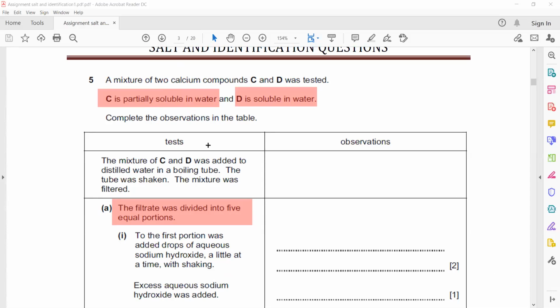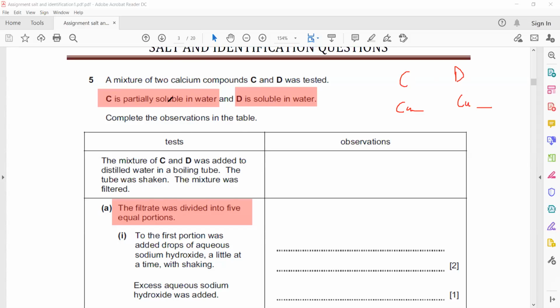The question: you have two compounds of calcium, C and D. Both contain calcium, but what else with calcium you don't know. My question is, you make a solution and you filter. Which compound is the filtrate, D or C?